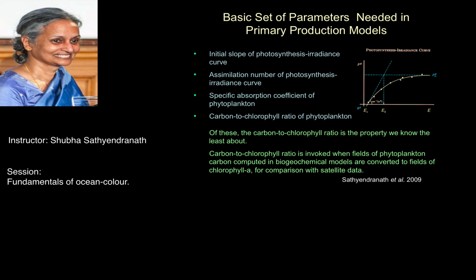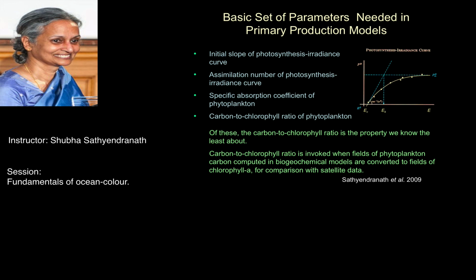So in our group, we feel that this is another area of research. How can we best represent the carbon to chlorophyll ratio of phytoplankton? What confidence do we have in that estimation? Tom Jackson and us, we just published a paper on that particular problem.